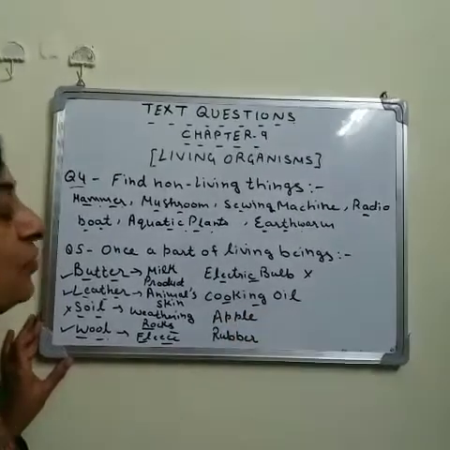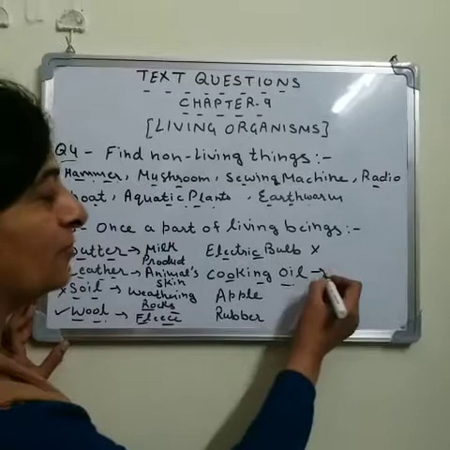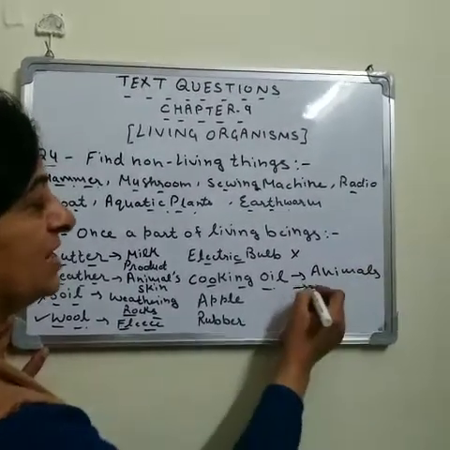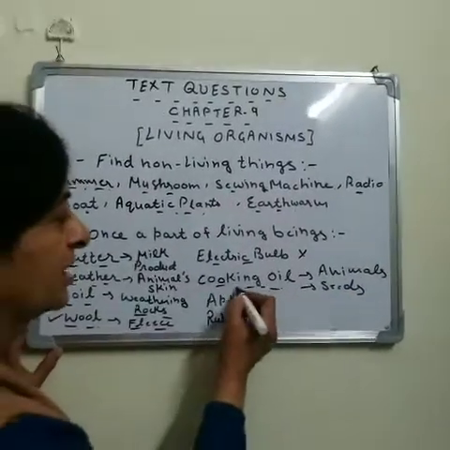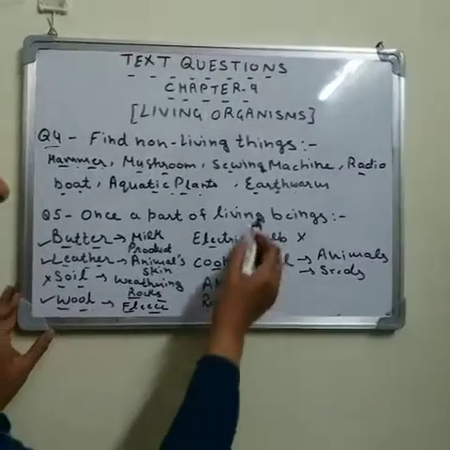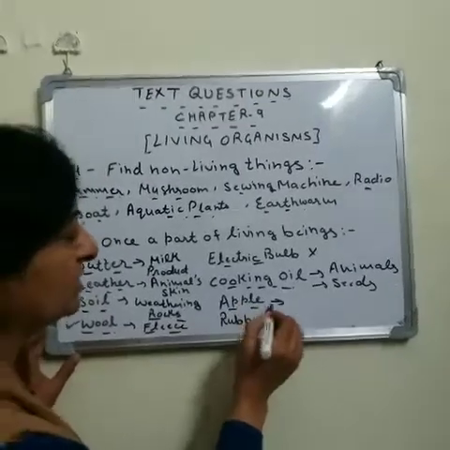Now the next one is cooking oil. Yes, you are right. We obtain cooking oil from animals as well as from the seeds of plants. So it is obtained either from animals or from plants, so it is a part of living beings. Apple. From where do we get the apple?